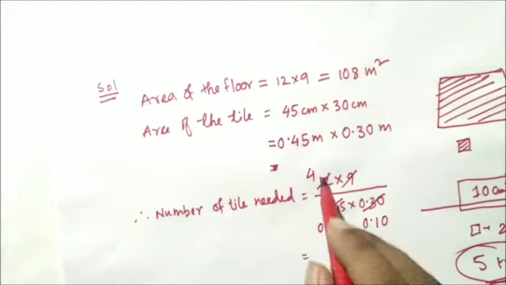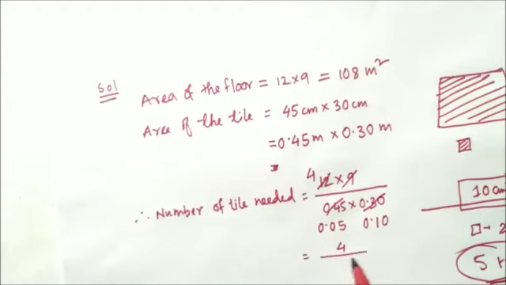Now what is left? In the above it is 4, and in the down, 5 10s are 50.